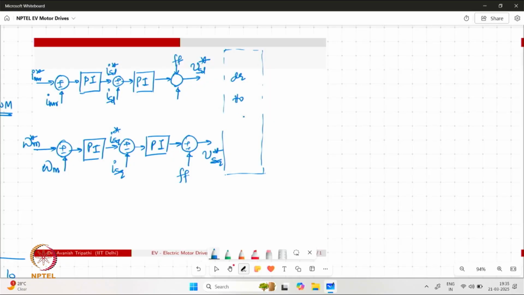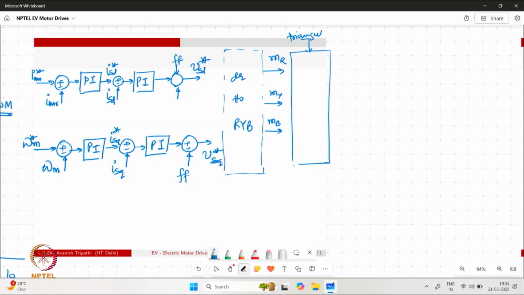So we are going to have dq to ryb conversion, where we will generate the three-phase modulating signals, which are eventually going to get compared with a triangular carrier for generation of the PWM signals for all the three legs.